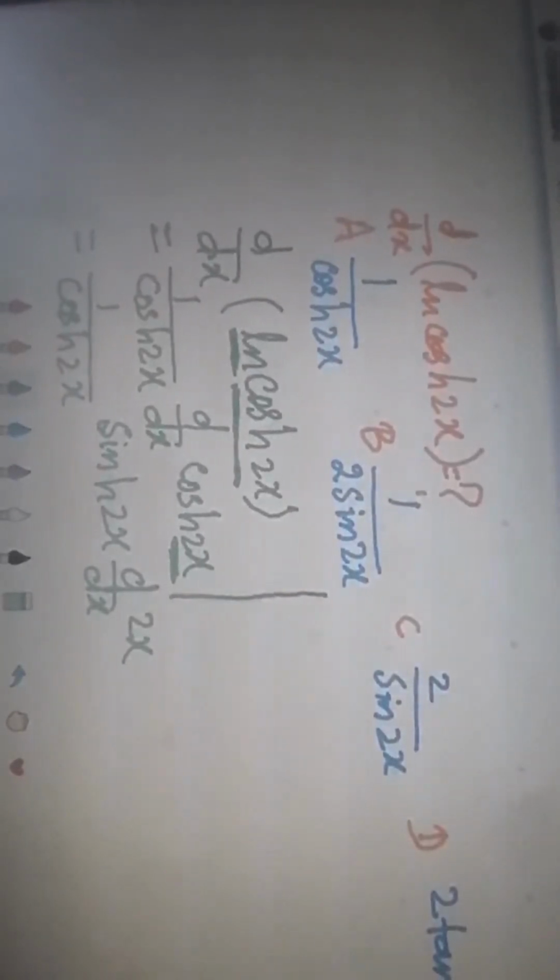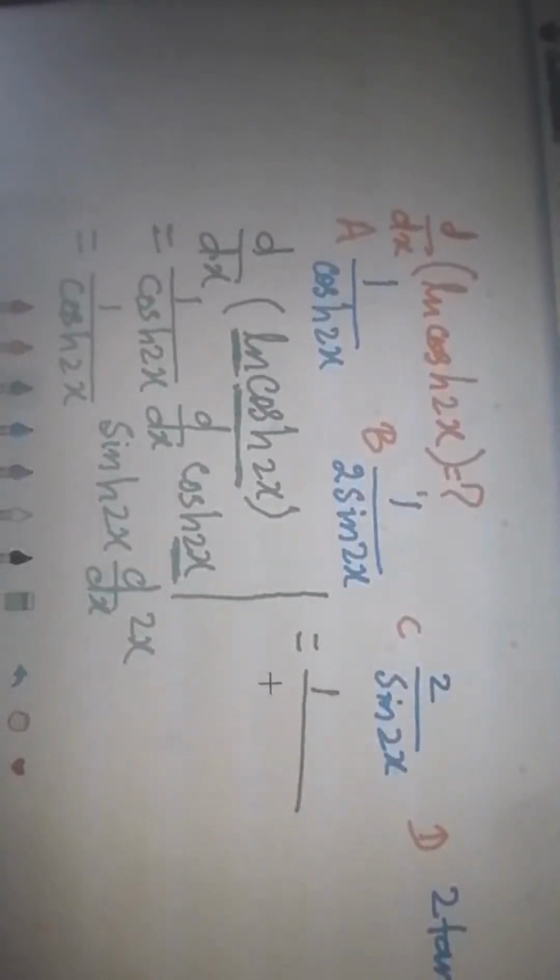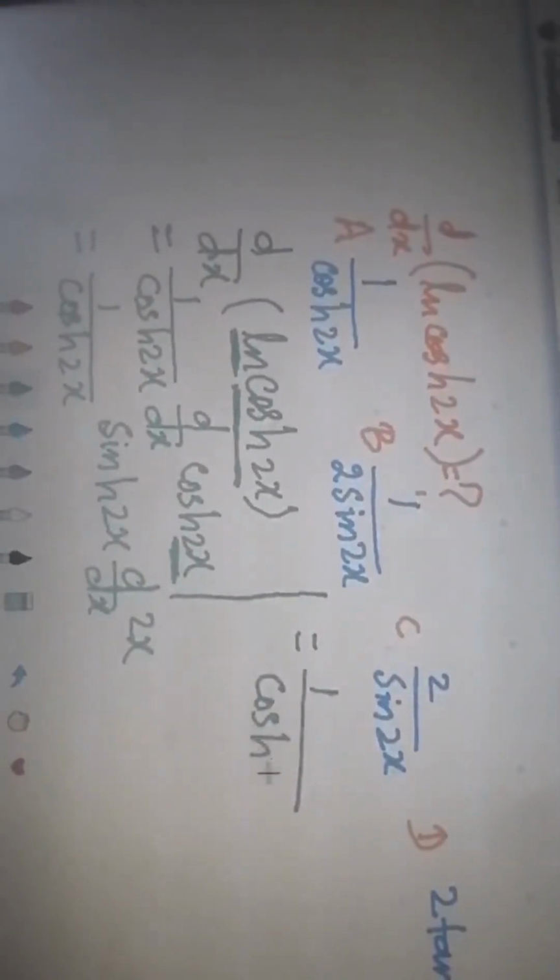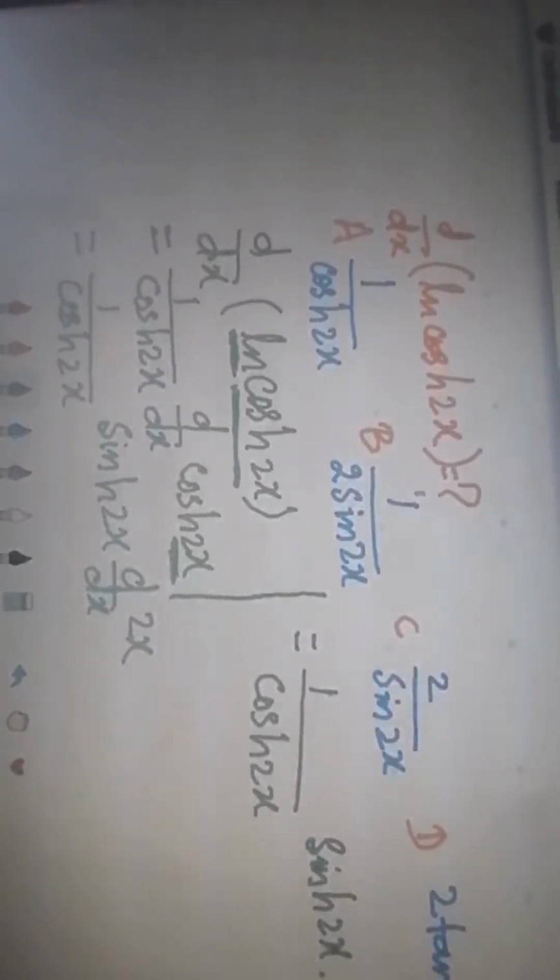After that, we can see that 1 by cos hyperbolic 2x appears unchanged as it is. Then sine hyperbolic 2x, and the derivative of 2x is 2, right? So 2 can be brought out, since dx by dx will be 1, meaning the derivative of 2x will be 2.